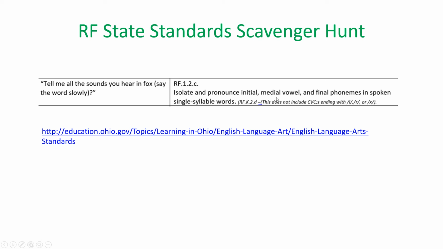You would actually have to look at the first grade standards. Here it is, Reading Foundations 1.2C, isolate and pronounce initial medial vowel and final phonemes in spoken single syllable words. That is something that's done typically in first grade. If your student's ready for it, by all means teach it. But remember, it's kind of beyond the grade level. That's a good thing to know.